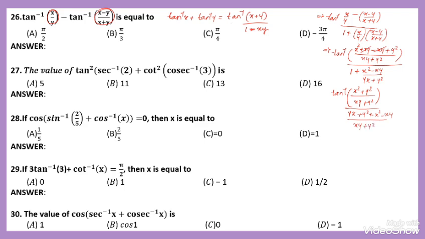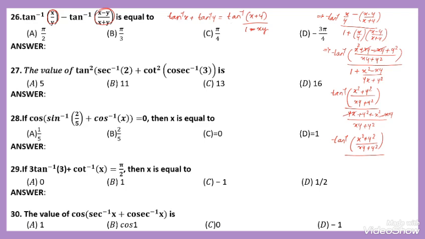Here plus yx minus xy get cancelled. Then tan inverse of x square plus y square divided by xy plus y square.